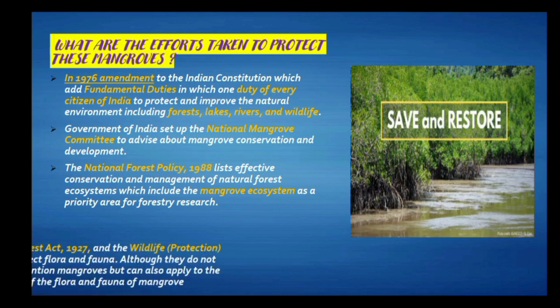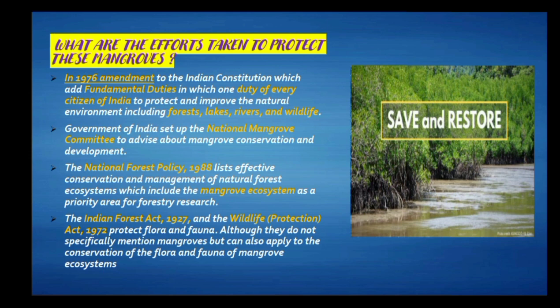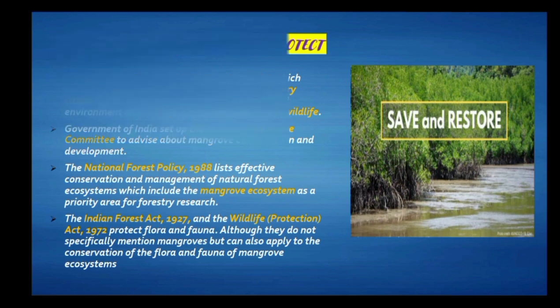The Indian Forest Act 1927 and the Wildlife Protection Act 1972 protect flora and fauna, although they do not specifically mention mangroves, but can also apply to the conservation of the flora and fauna of mangrove ecosystem.